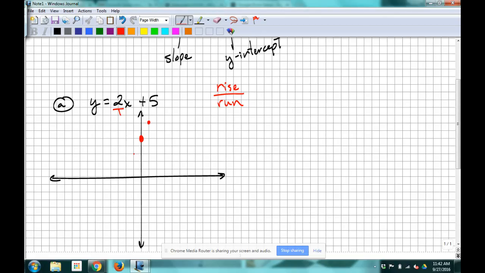That would be negative 2 over negative 1, and negative 2 divided by negative 1 is also positive 2. So that's why you can go in that other direction, and you get that line on there.